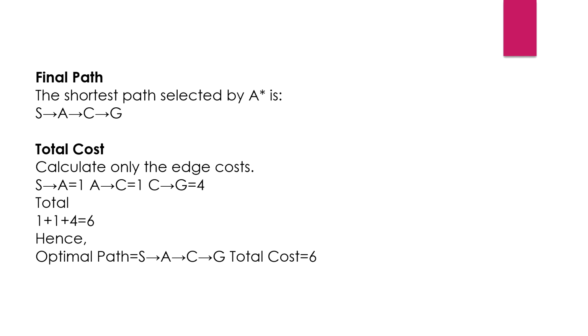Total cost is 1 plus 1 plus 4 equal to 6. That is also the optimal path. There is no shorter route for reaching goal G. So this is the optimal path, that means SACG. The total path cost of the search is 6.